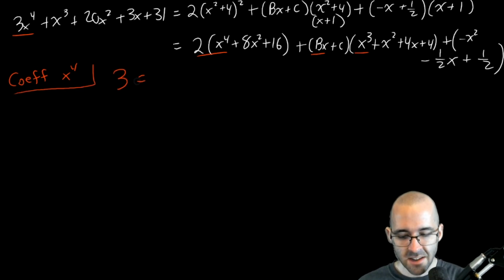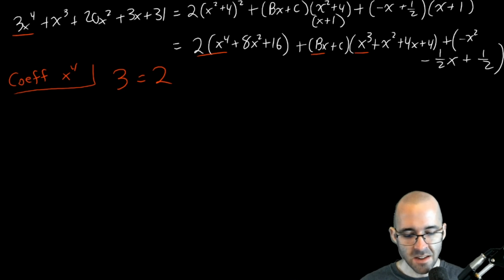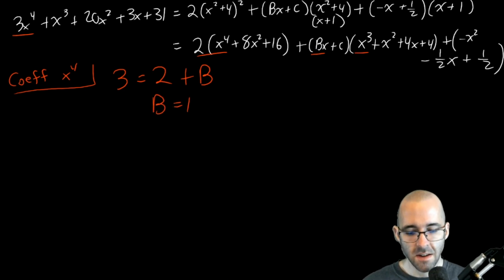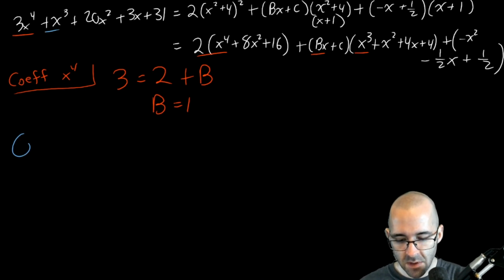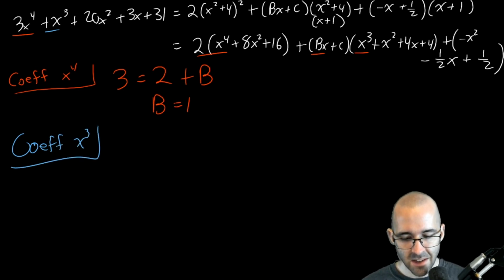So 3x to the fourth has to equal 2x to the fourth plus bx to the fourth. Oh, b has to be 1. Okay. Great, and let's do something similar for c. Let's look at the cubes. That says coefficient. So 1x cubed. There's no x cubes here.